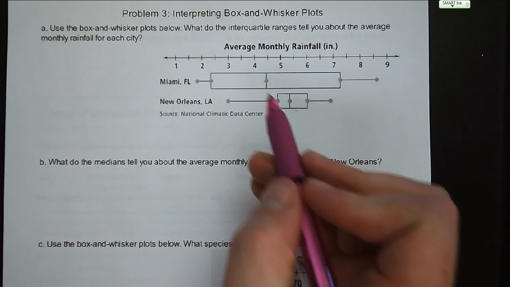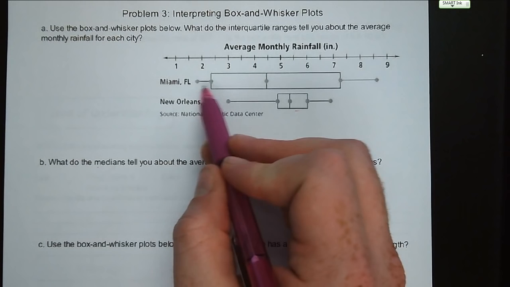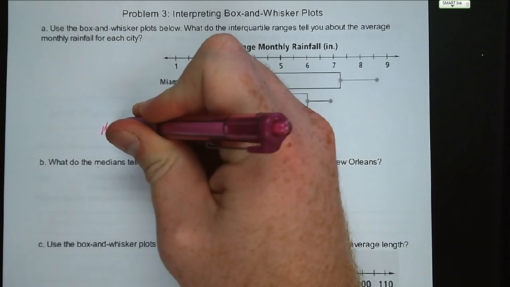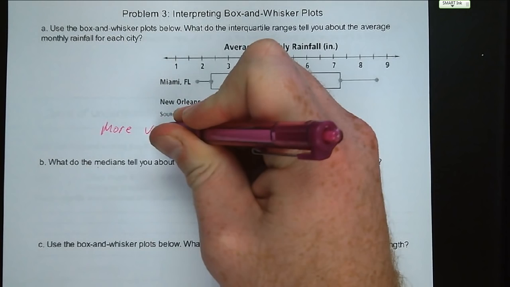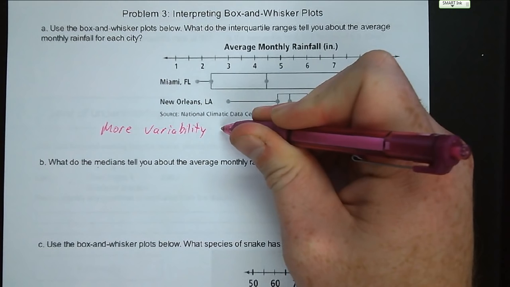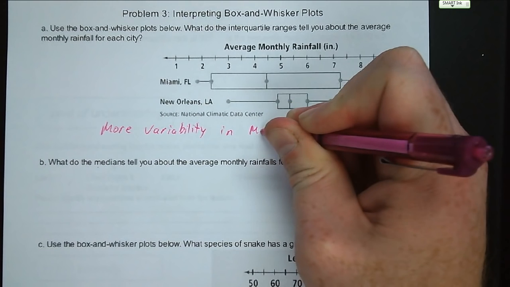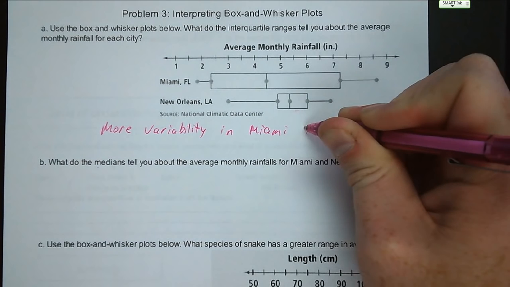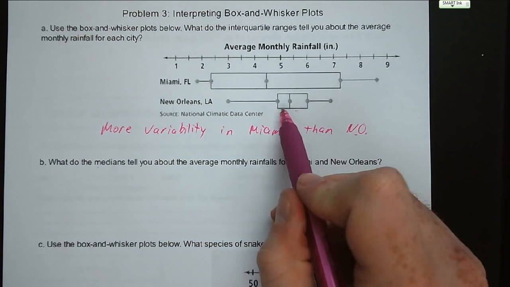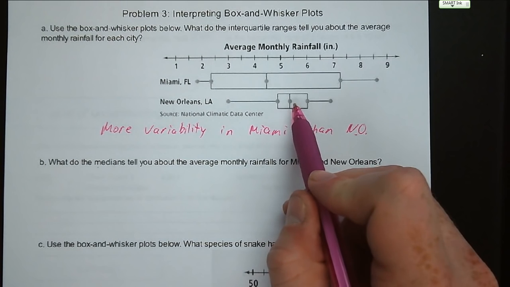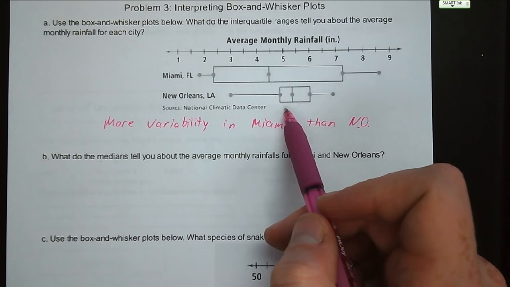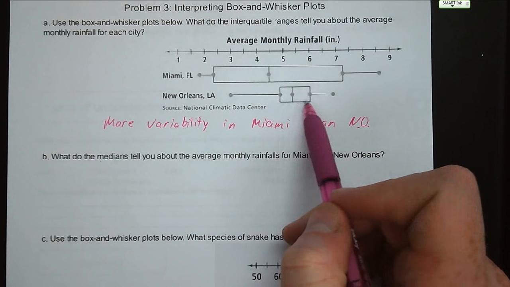So we could say there is a lot more variability in the amount of rain in Miami than there is in New Orleans. Okay, because the middle 50% of that data is pretty tightly packed in there between 5 and 6 inches. So that means the majority of the months are between 5 and 6 inches of rain.